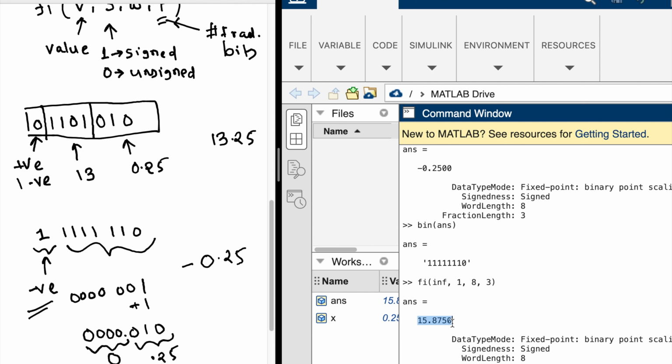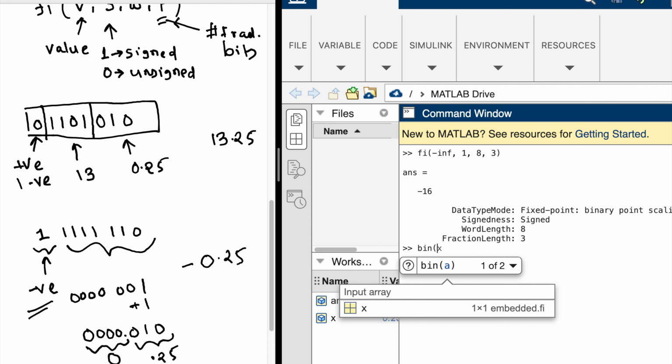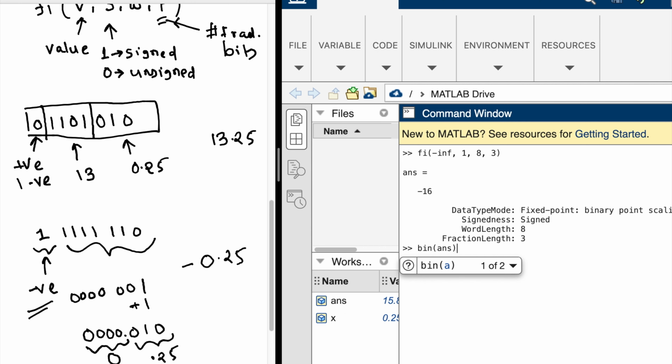So this is the maximum value that we can have. For the minimum value, minus 16 is the negative value. We can also show them in binary numbers. So this is the minimum value that we can represent with this fixed point format.